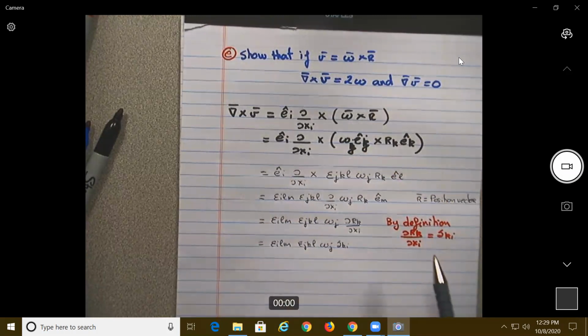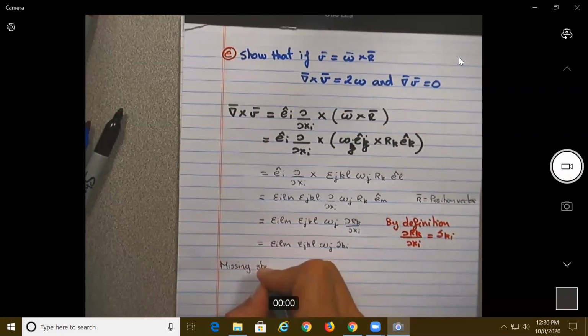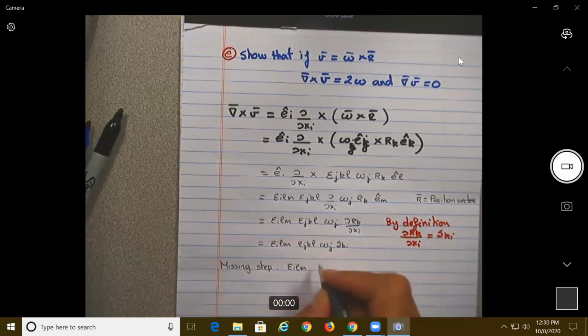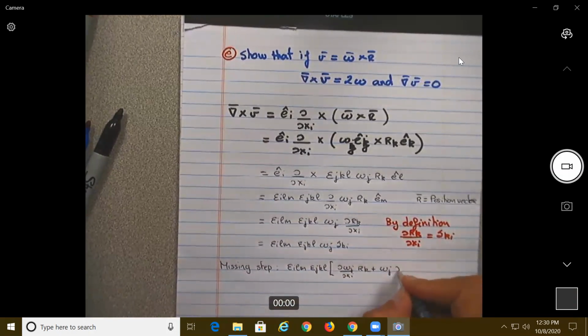Okay, so maybe you want me to do it? I think it's better if I... So let's say missing step, and then we keep going. We have epsilon_ILM, epsilon_JKL of partial omega_j over partial x_I times r_k, plus omega_j times partial of r_k over partial x_I, which is the one over here.